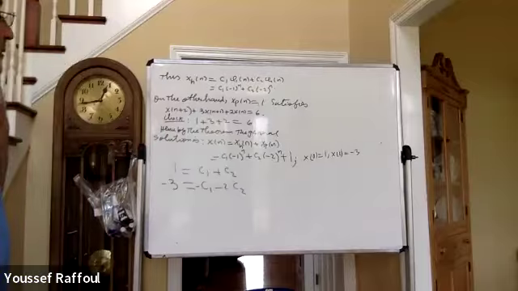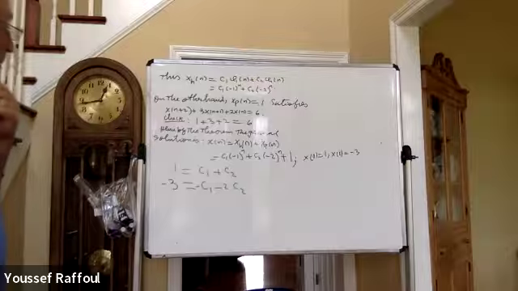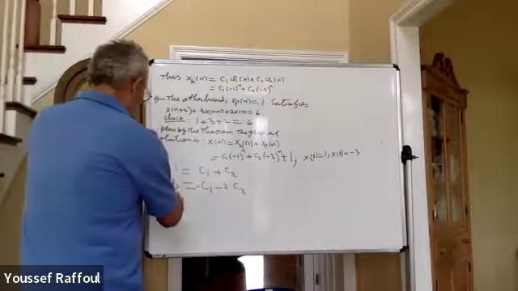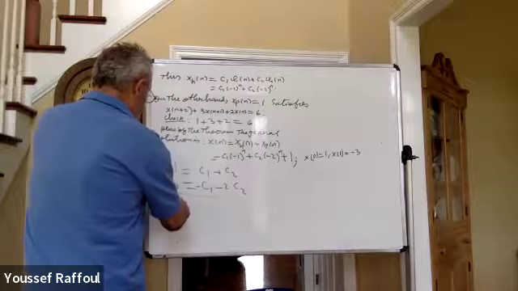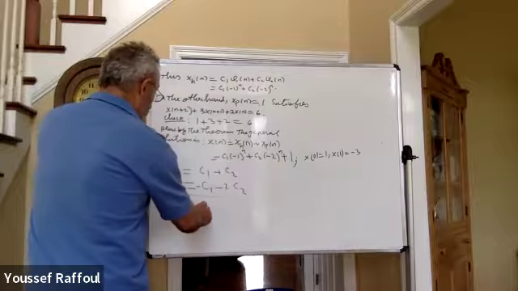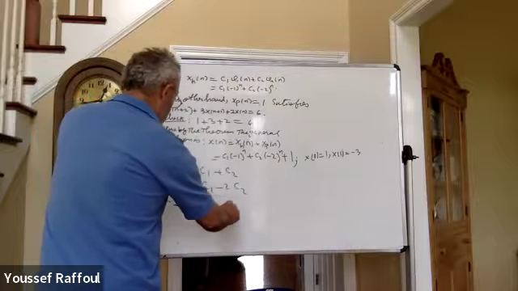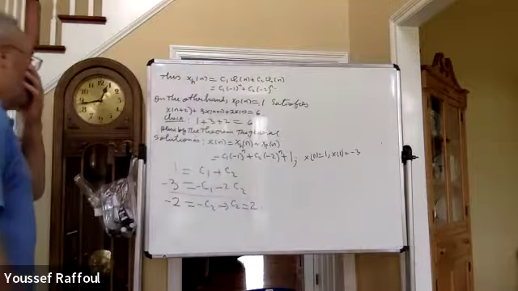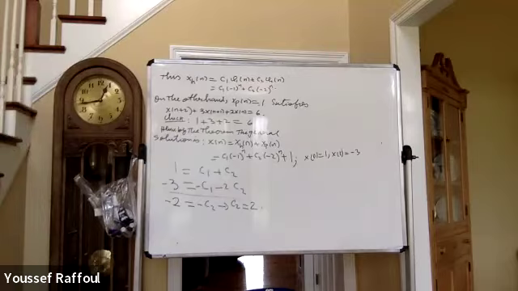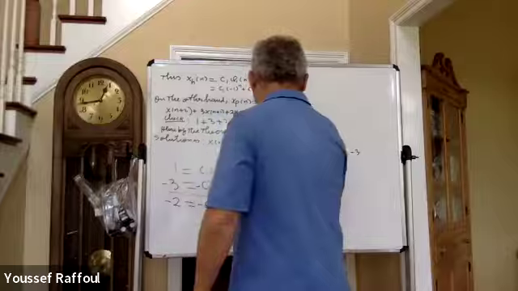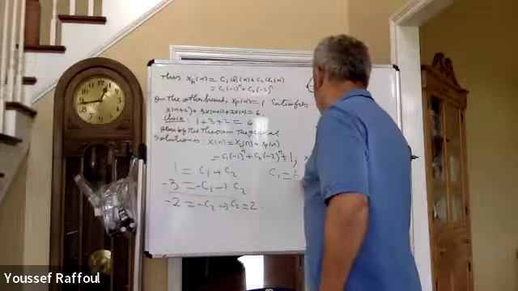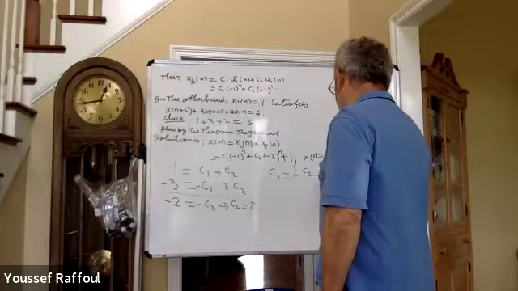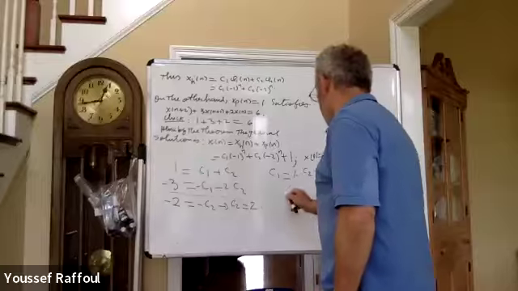You replace n by 1. So if you add, you get minus 2 equal to minus c2. So c2 is 2. And now c1 is 1 minus c2, 1 minus 2 equals minus 1.